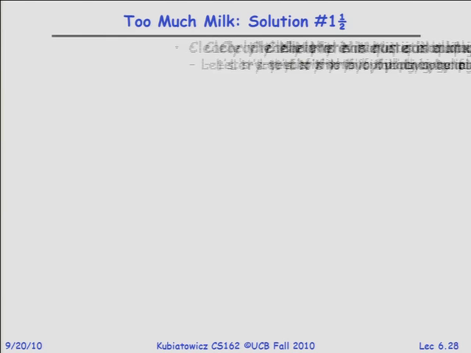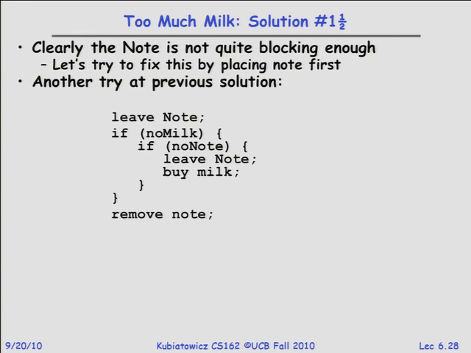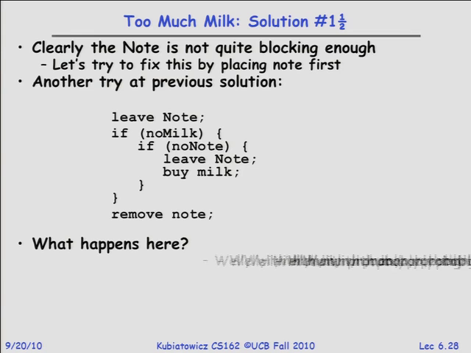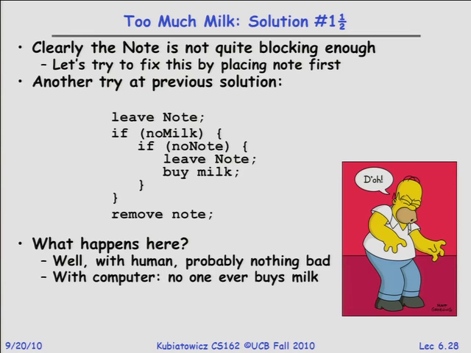Assuming that it's been a long day and you're kind of acting like an idiot, you put a note, you notice the note, you go away. So this particular solution is not great either, right? Because with humans probably nothing happens, but pretty much nobody buys milk. Okay, this is the Homer solution.